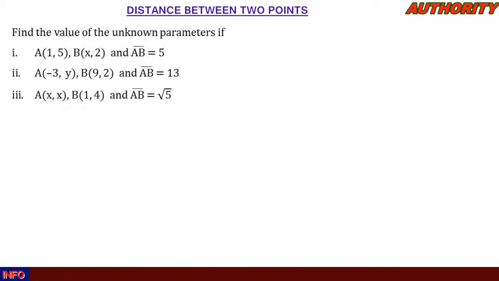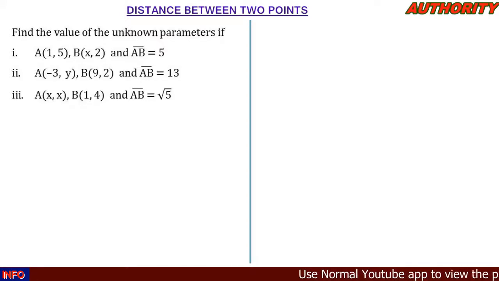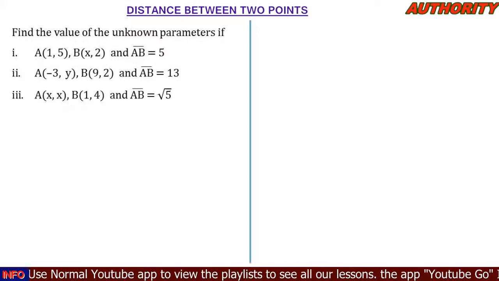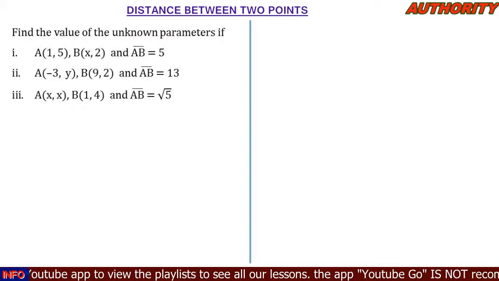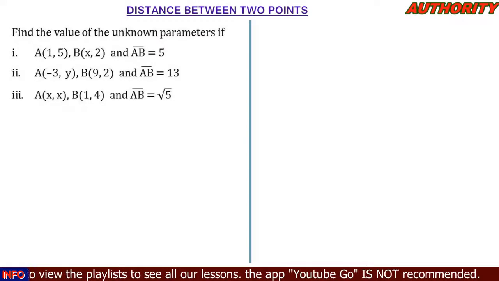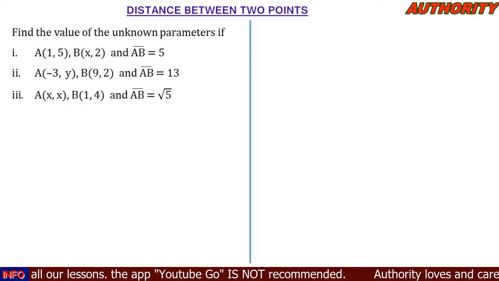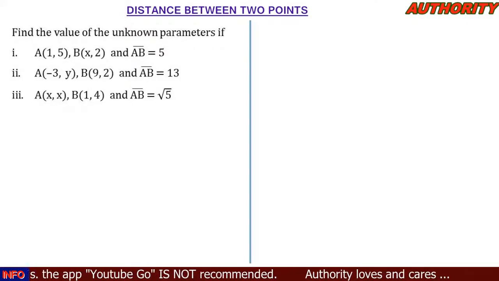And then number 2, we say point A is (-3, y), and point B is (9, 2), and the distance AB is 13. And then we have number 3. The point A is (x, x), and then the point B is (1, 4), and the distance AB is square root of 5.